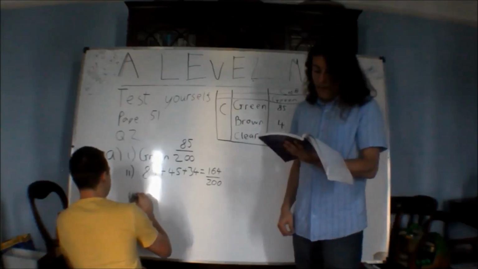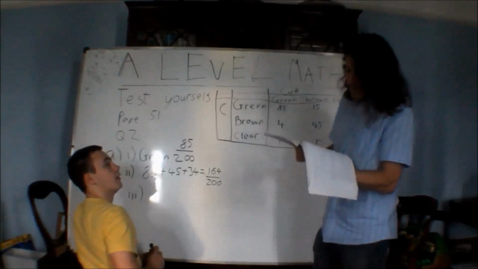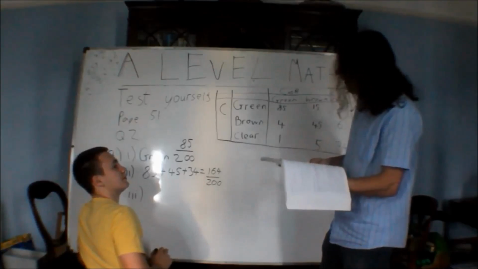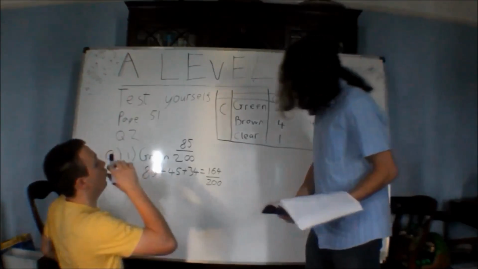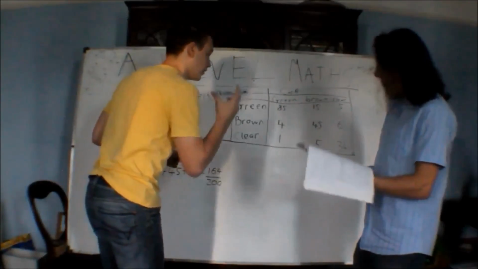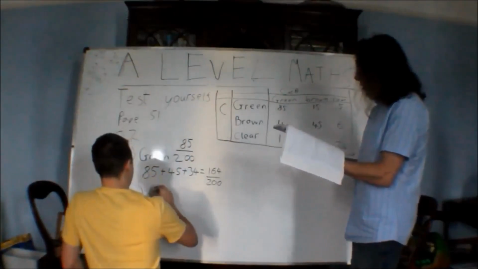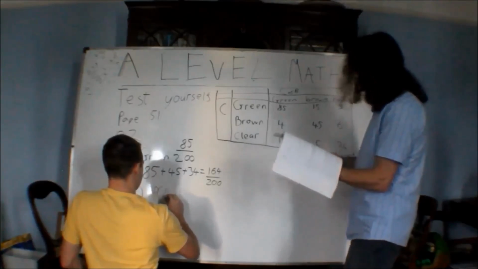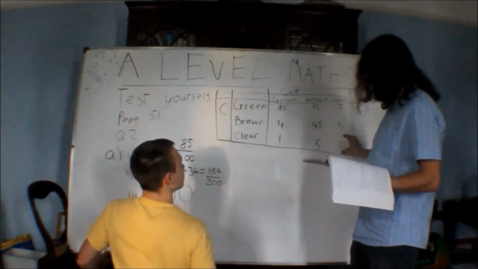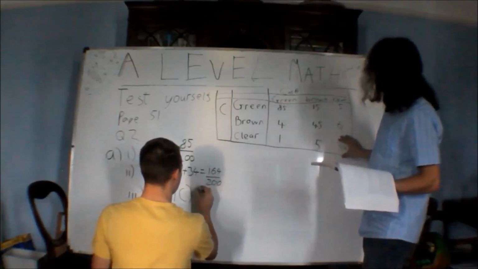And part three: find the probability that the bottle is placed in the correct container given that the bottle is clear. So we want it being the correct container, like there, given that the bottle is clear. Basically, we want that bit.